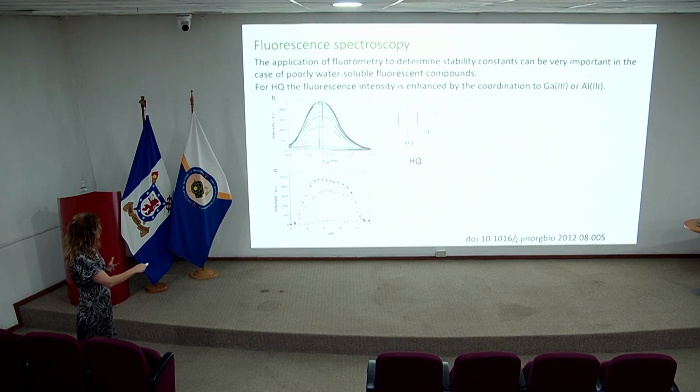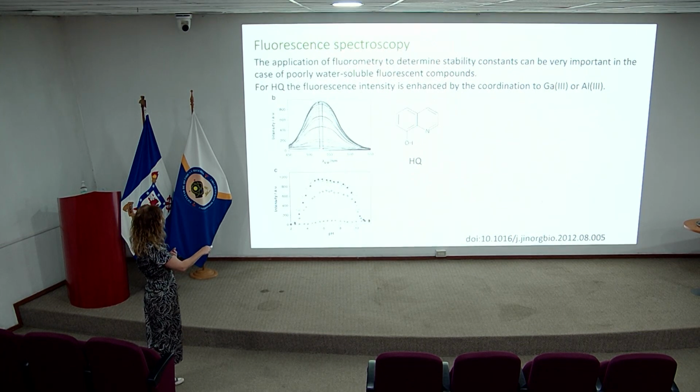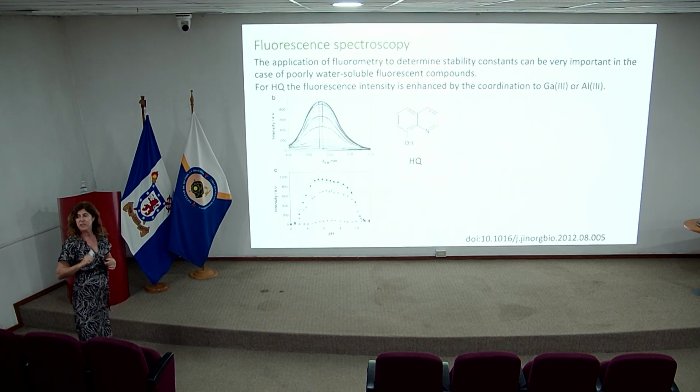And what was observed, so these are fluorescence spectra measured as we change the pH. Initially there was an increase in fluorescence, some saturation, and then it decreased. You can see here the data with the pH and the intensity for different ligand to metal ratios, okay?